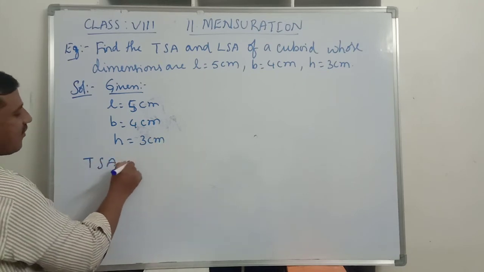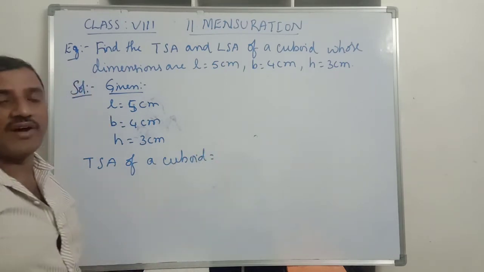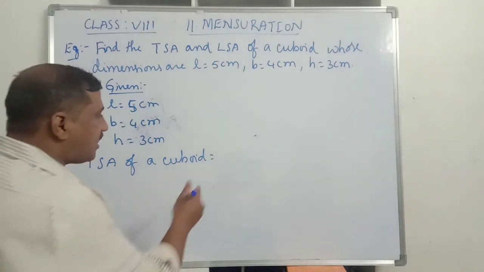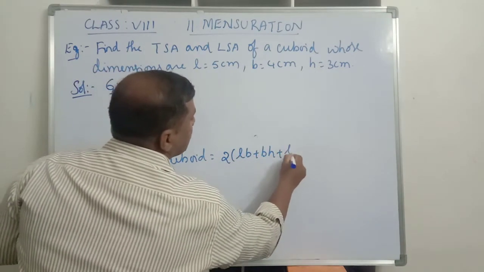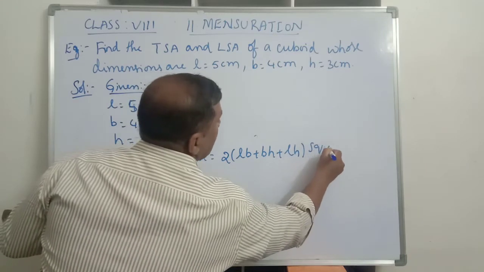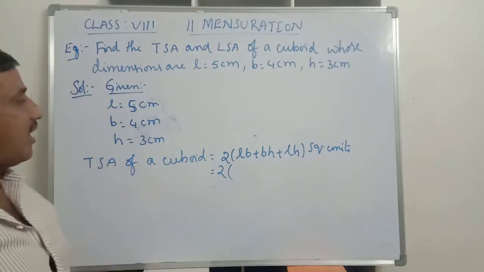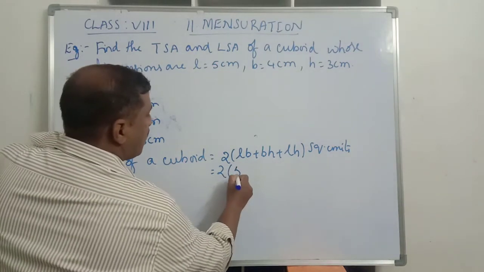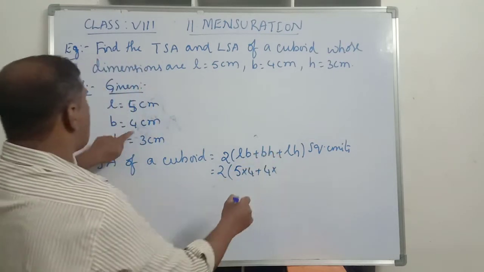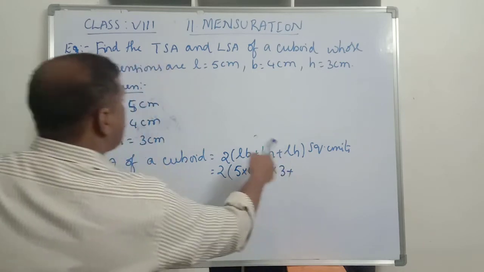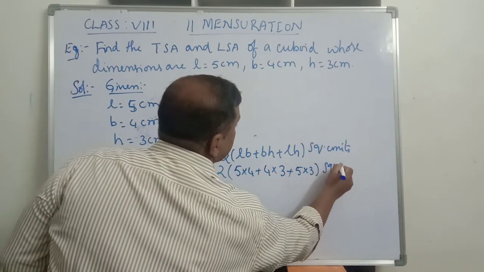Now, the TSA of a cuboid. What is the formula to find the TSA of a cuboid? Yes, it is 2 into LB plus BH plus LH square units. Now substitute those values in the formula and simplify. Here L is equal to 5, B is equal to 4, plus B is equal to 4 into height H is equal to 3, plus L is equal to 5 and H is equal to 3 square centimeters.